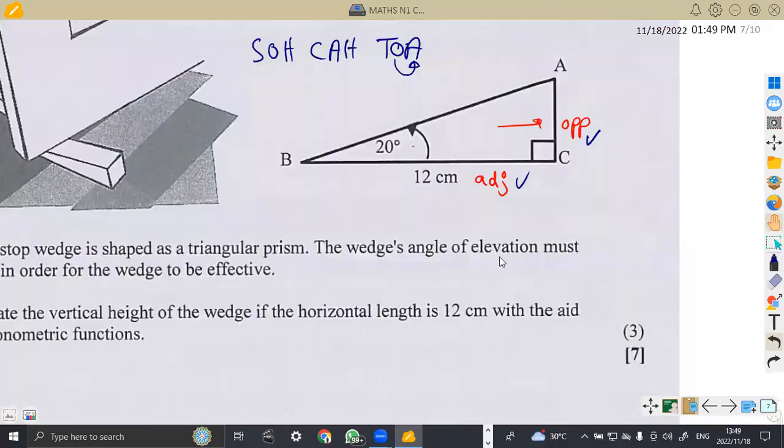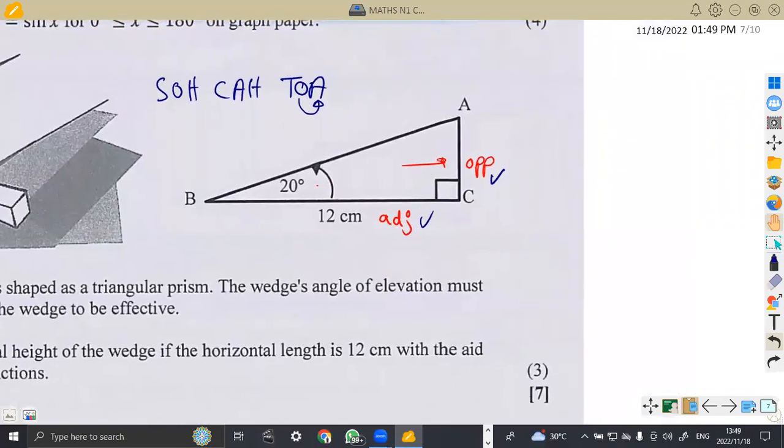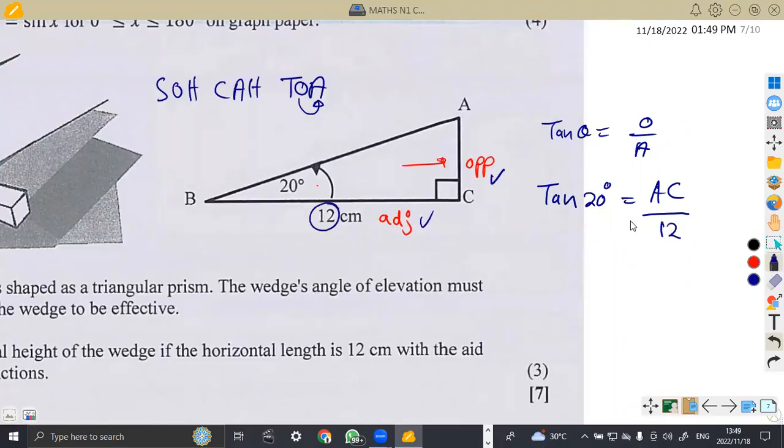So tan of the angle, which is 20 degrees, is equal to the opposite, which is AC, over the adjacent, which is 12. We can calculate AC by cross multiplying, because this is the same as over 1. So AC is 12 tan 20 degrees.